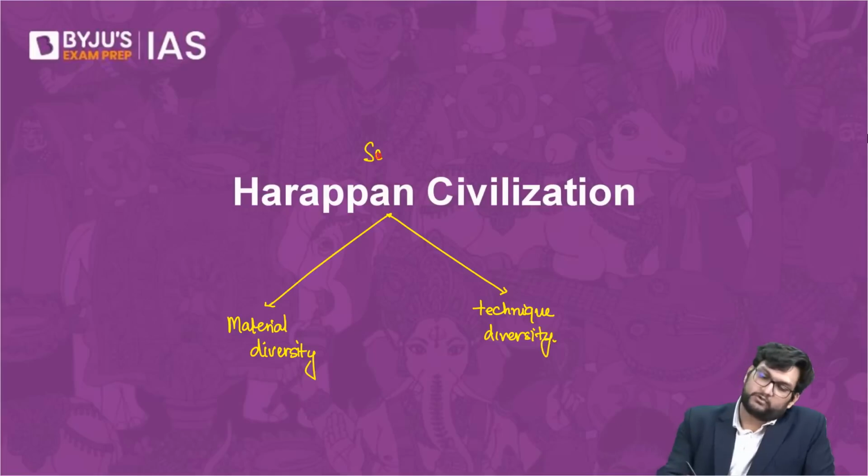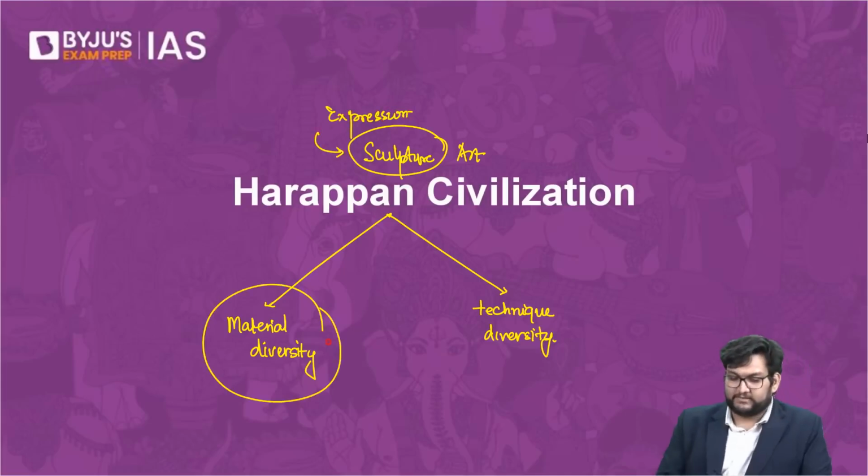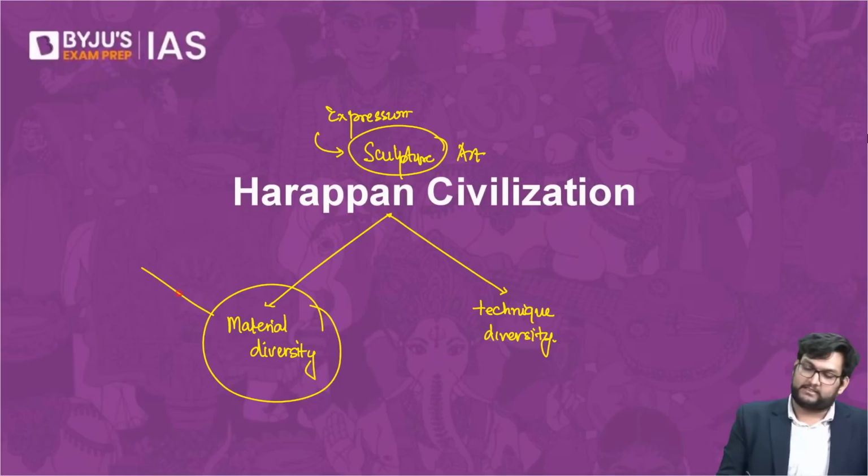When it came to sculpture or art or expression, they have material diversity in the sense that they are using terracotta, which is basically clay which has been made solid.